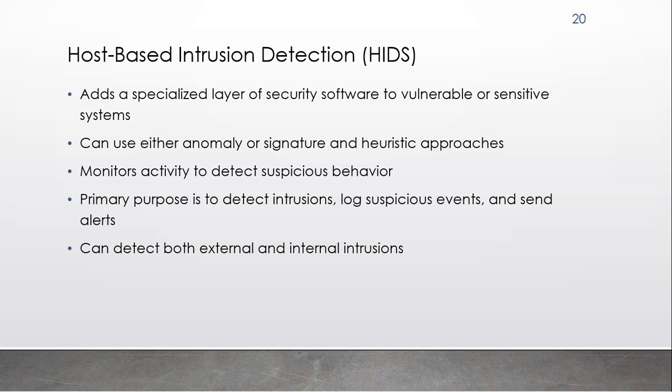In some cases, an IDS can halt an attack before any damage is done, but its main purpose is to detect intrusions, log suspicious events, and send alerts. The primary benefit of an HIDS is that it can detect both external and internal intrusions, something that is not possible either with network-based IDSs or firewalls.